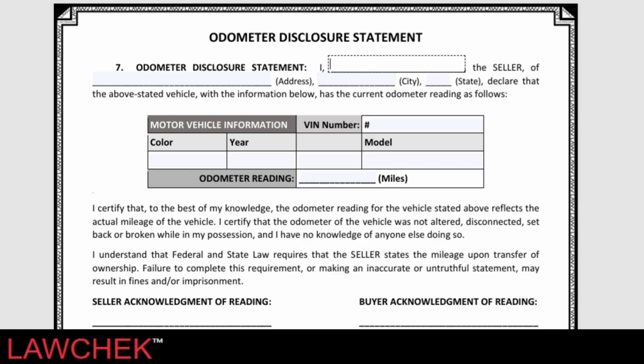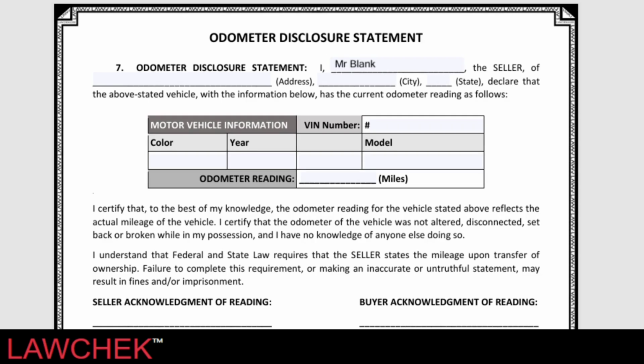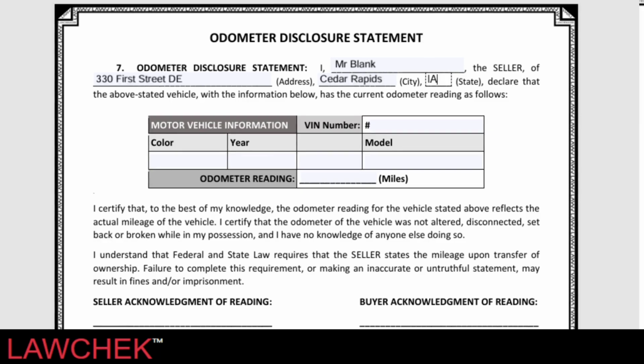Item number 7, odometer disclosure statement. This is important. Only the seller needs to sign on this part of it. Only the seller needs to make this affirmation. I, Mr. Blank, the seller of 331st Street Southeast, Cedar Rapids, Iowa, declare that the above stated vehicle with the information below has a current odometer reading as follows.